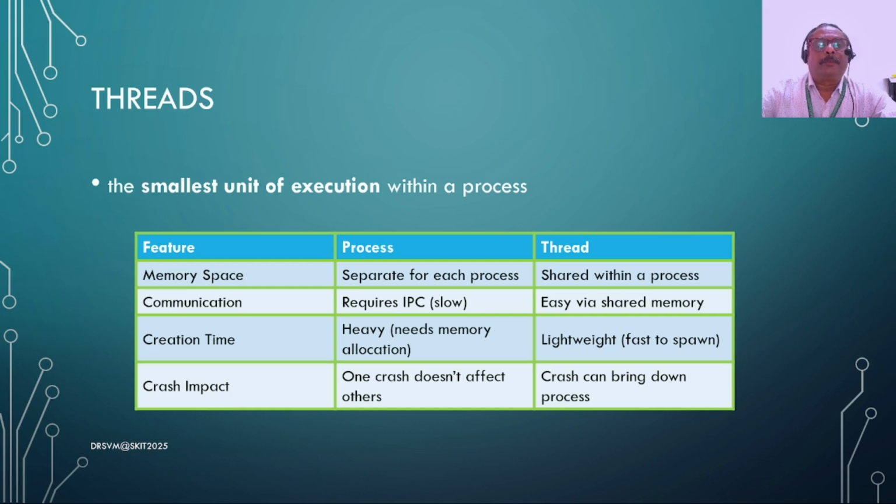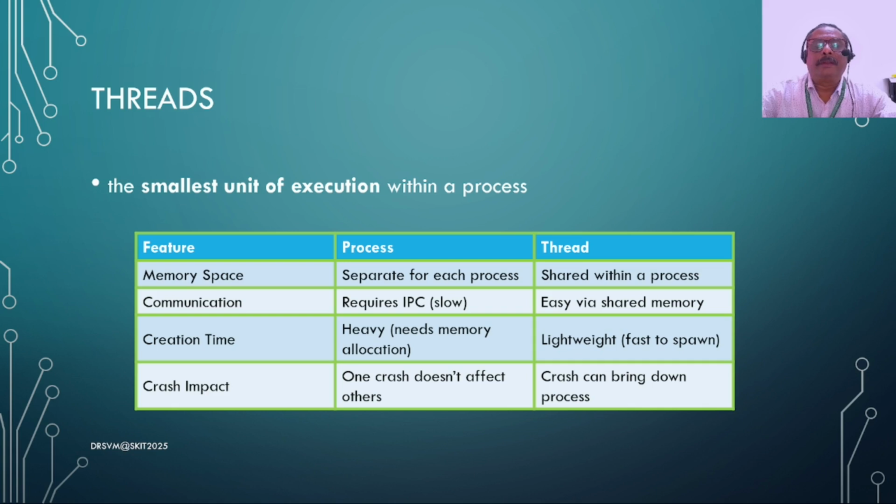A thread is the smallest unit of execution within a process, so we can divide a process into multiple threads, so that these threads can work independently on different processors if available, or we can make sure that these are run as if they are different processes.